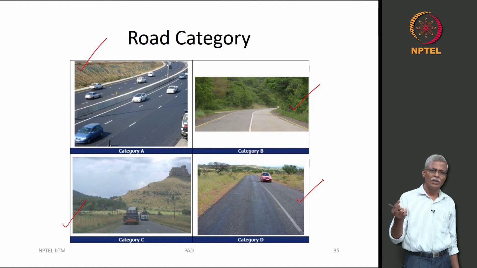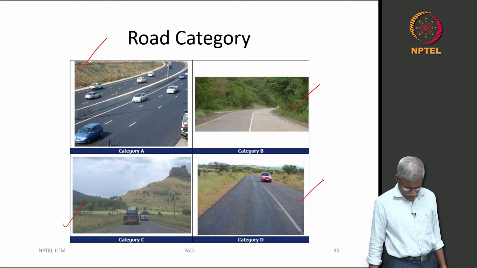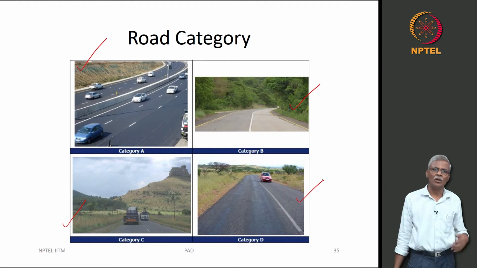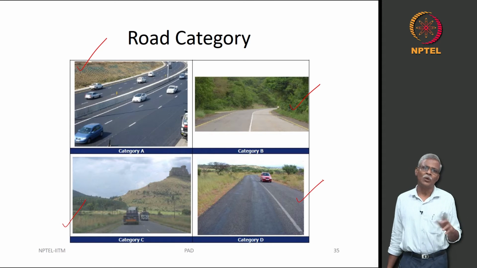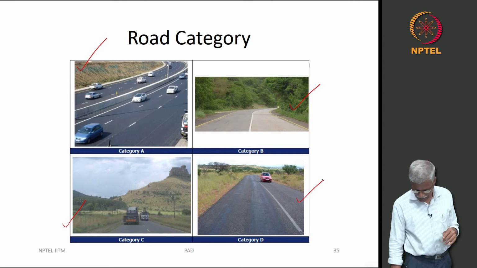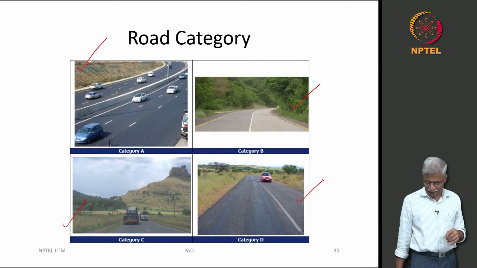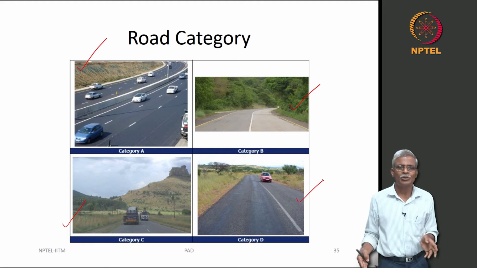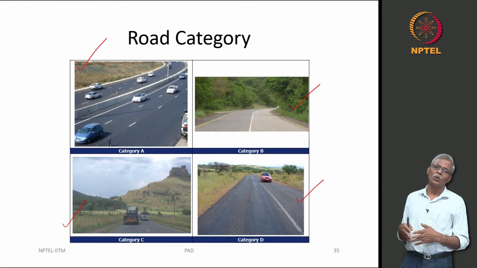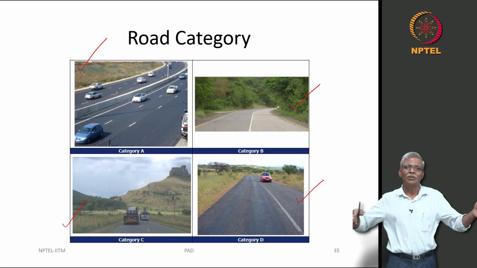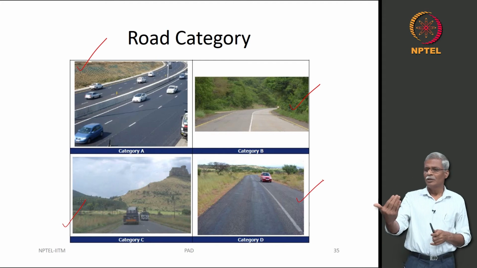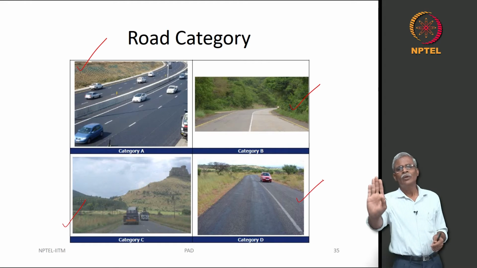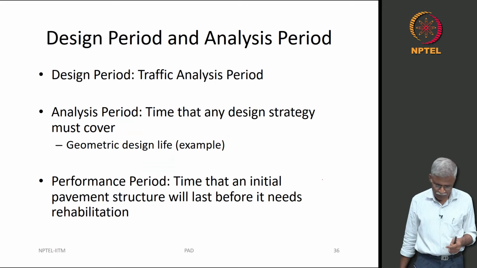So, typically you can think in terms of both these roads, category C as well as category D, and to some extent category B, are undivided 2-lane 2-way roads. This could also be category D, which could also be a 1-lane 2-way road. Typically what you see in some of the roads in our rural area, wherein the lane width is of the order of 5 meters, and so typically one vehicle that is coming moves to the shoulder, allowing the other vehicle to pass through.